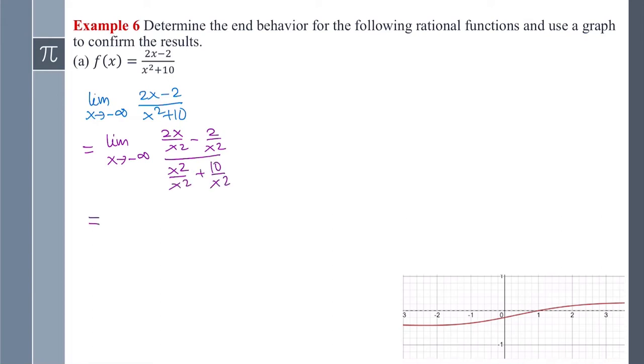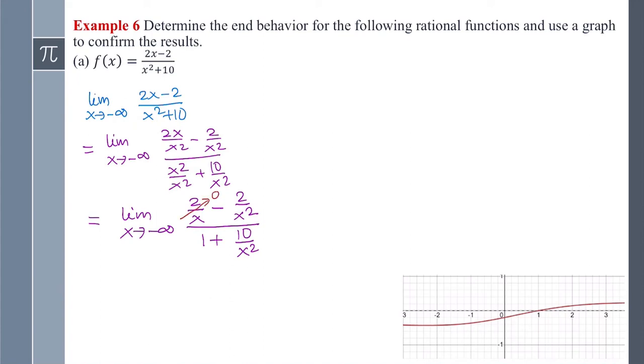Now this equals the limit as x approaches negative infinity of 2 over x minus 2 over x squared, divided by 1 plus 10 over x squared. As x approaches negative infinity, 2 divided by a very large number, a large negative number, approaches 0.